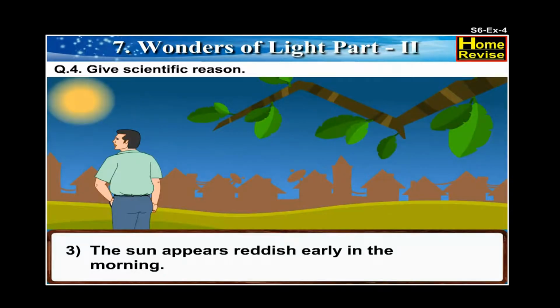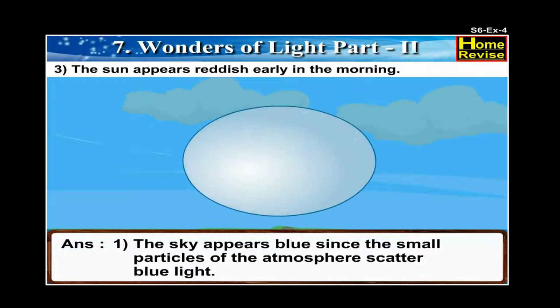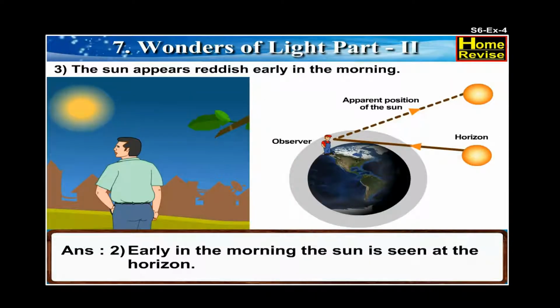Third, the sun appears reddish early in the morning. Answer 1. The sky appears blue since the small particles of the atmosphere scatter blue light. 2.